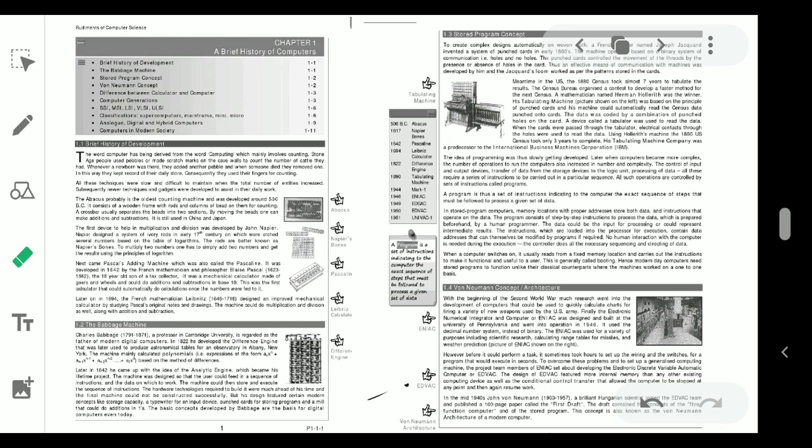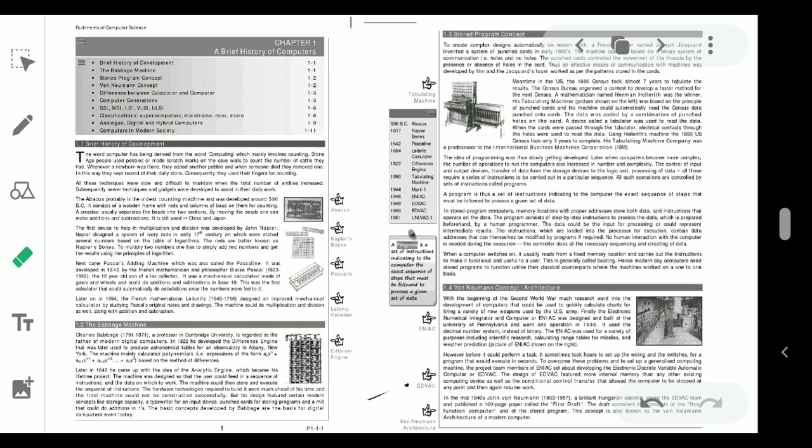Now, why does this program concept come? Because in the USA, the Census Bureau organized a contest to develop a faster method for the census. A mathematician named Herman Hollerith was the winner. His tabulating machine, known as the Hollerith machine, was based on the principle of the punch card, and it could automatically read the census data on the punch card.